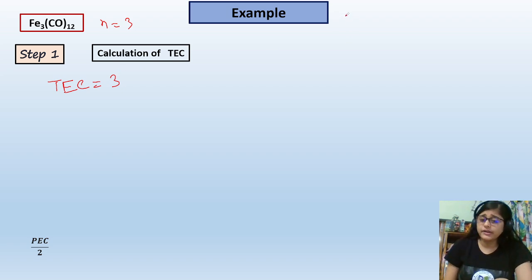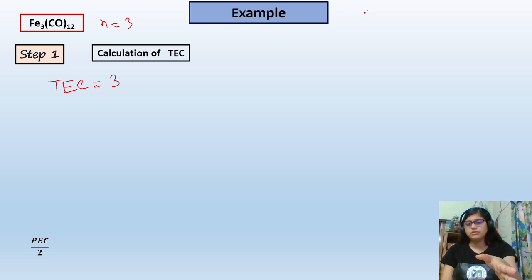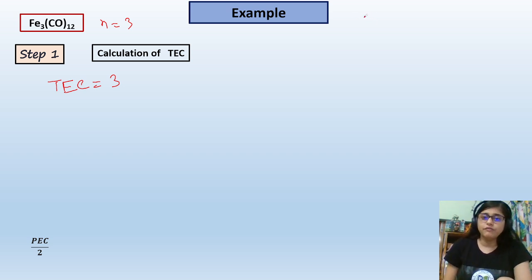if you forget the table of 3d, then you can't solve any question from organometallics or coordination. You have to remember that. So for the 3d series, what was it? Scandium, titanium, vanadium, chromium, manganese, Fe, cobalt, then nickel, then copper, then zinc.